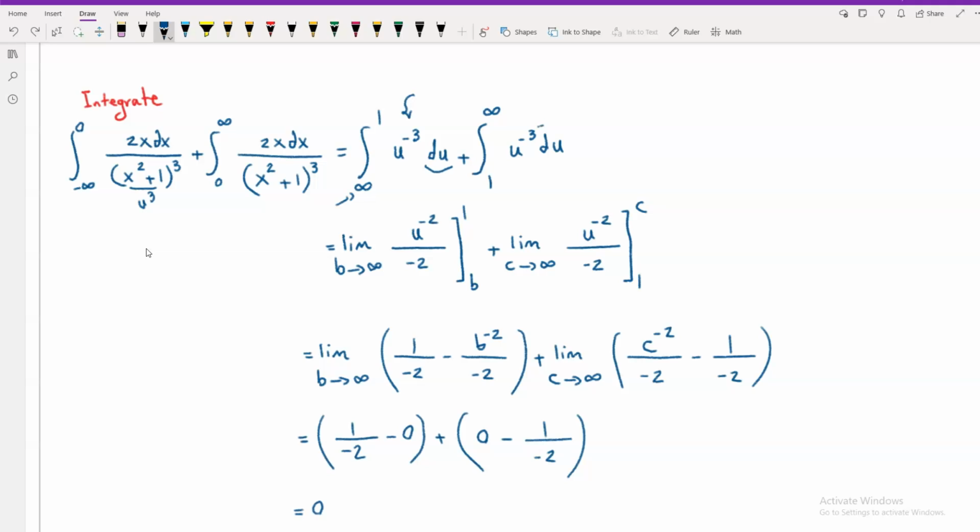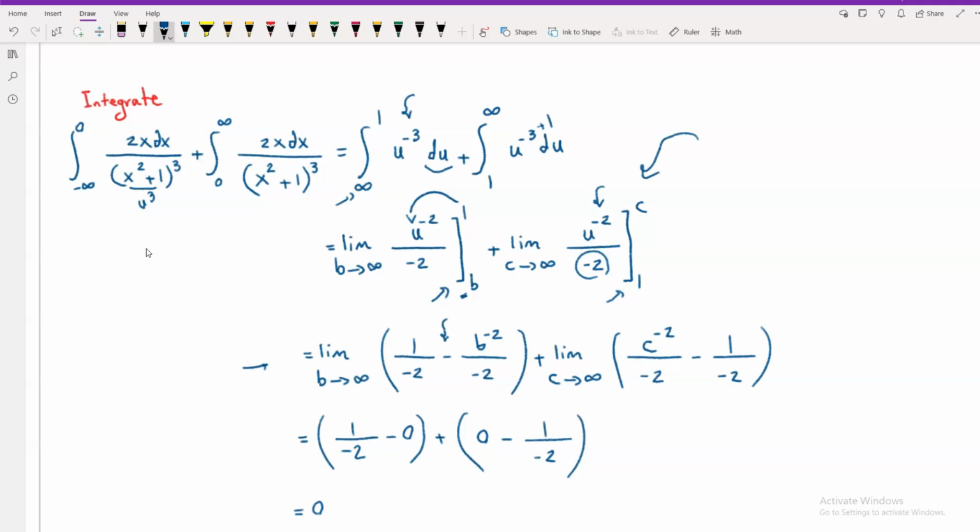Again, we have negative 3 plus 1, it's negative 2, divided by the same number, negative 2. So for this part we have from b to 1, and here we have from 1 to c. The limit as b approaches infinity, using 1 instead of u, so we have 1 over negative 2 minus, using b instead of u, b to the power negative 2 divided by negative 2. So here we have subtraction.